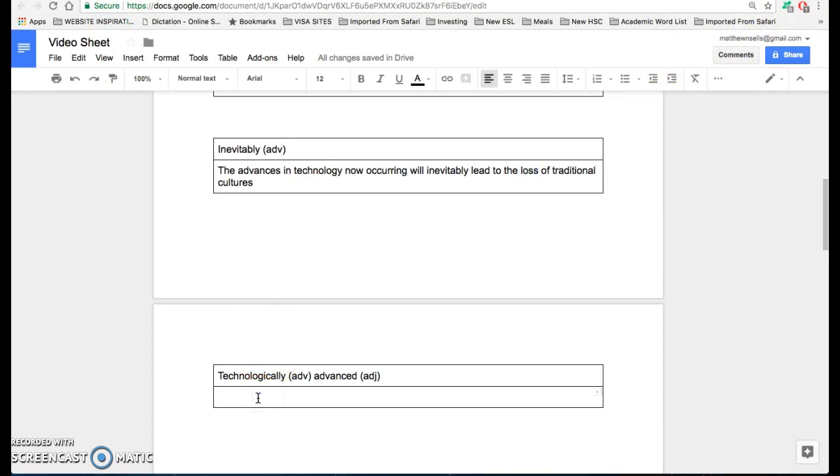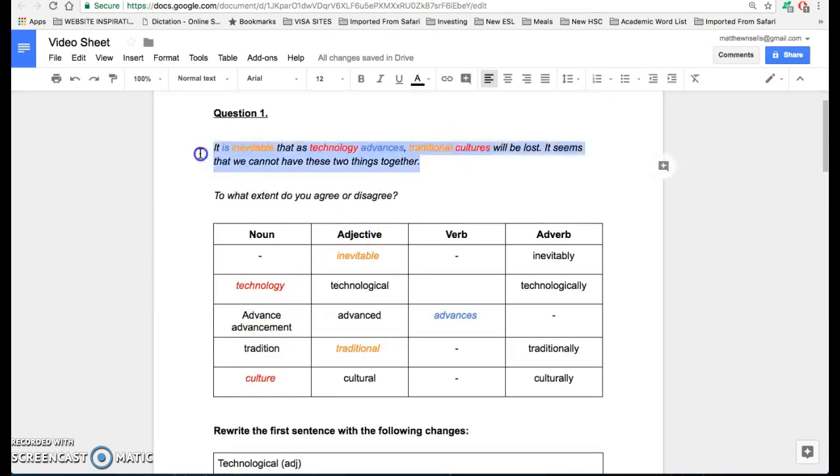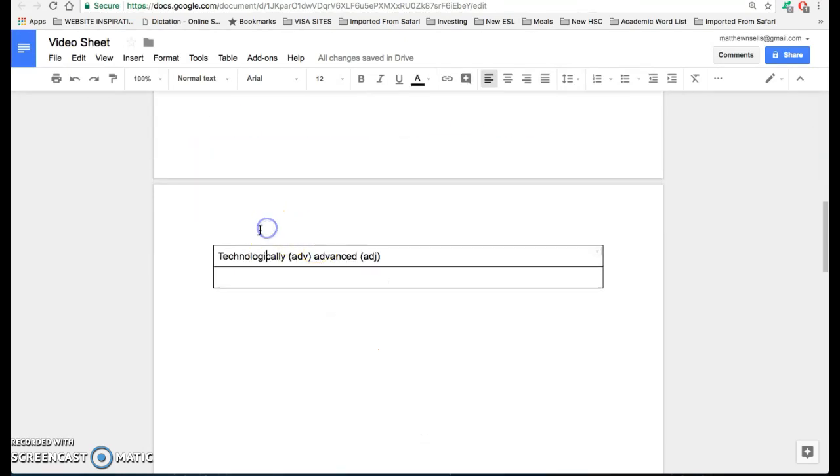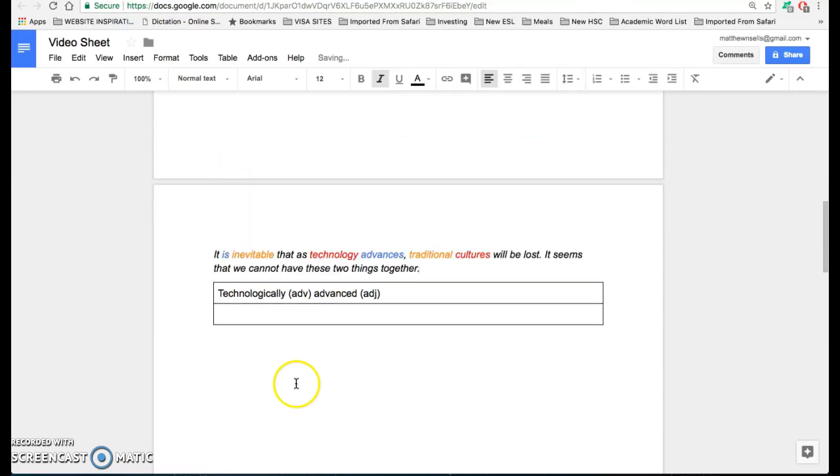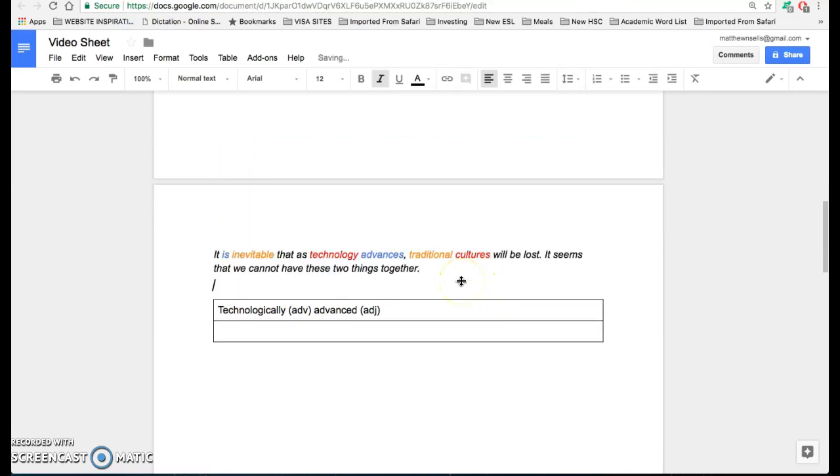And the final one, I want you to use the adverb technologically and the adjective advanced. Okay, so I might do this for you. Copy, so we can actually see what we're working off. Okay, so they had technology as a noun and advances as a verb. We want technologically advanced. So we have to change the way that we approach it. Let's say it is inevitable still.